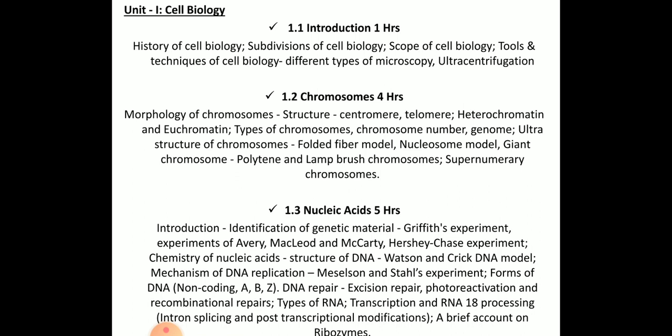So in the second subunit, that is chromosomes, which includes morphology of chromosomes, structure. Depending on what structure or what type of chromosomes are present, like centromere, telomere, and difference between heterochromatin and euchromatin, and types of chromosomes, chromosome number, and what is genome.